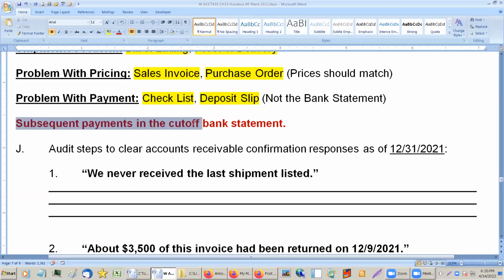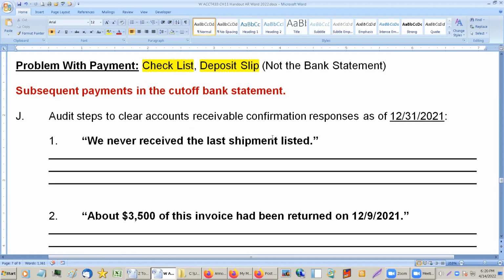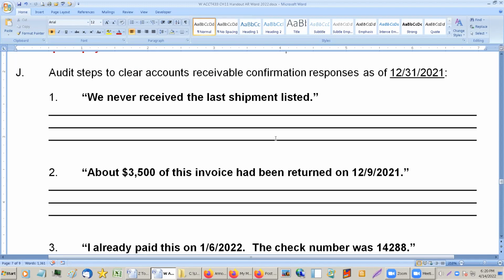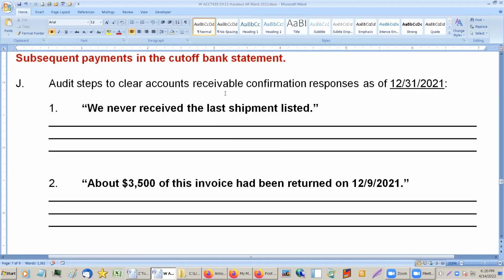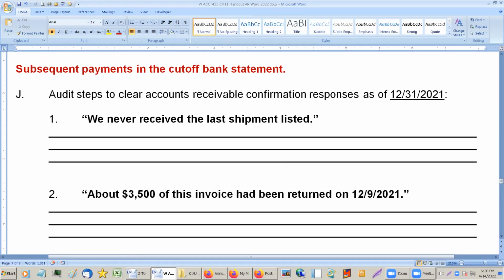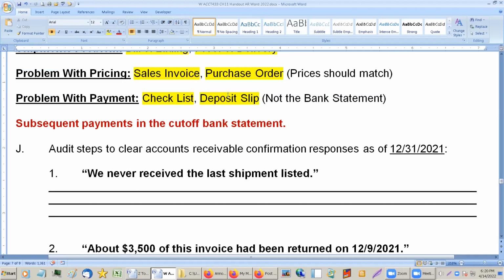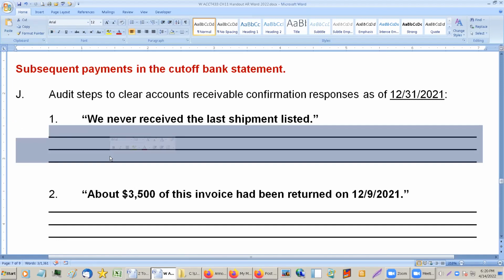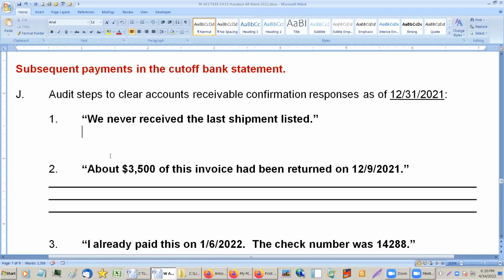So the subsequent payment on the cutoff bank statement is more evidence. It's a verification of the count or the amount. Okay. Other steps to clear audit information responses as of 12/31/21. We never received the last shipment. How are we going to clear that? The BOL or the shipping list.